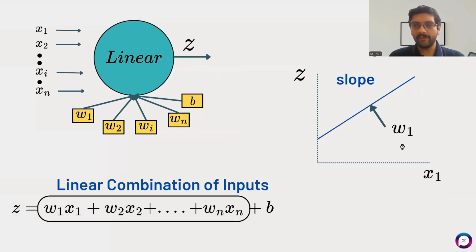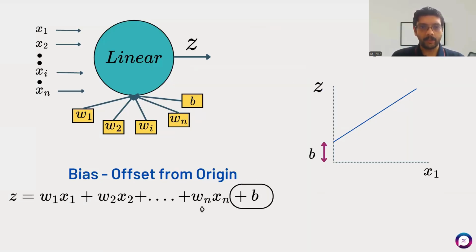You can think of this weight as a slope, weighting that input. If you just had one input, you'd have one weight, W1. And if you have an X-Z plot, or in this case, an X1-Z plot, you'd see W1 as the slope of the line. Then you have a term B, which is added to this product of the weights with the inputs.